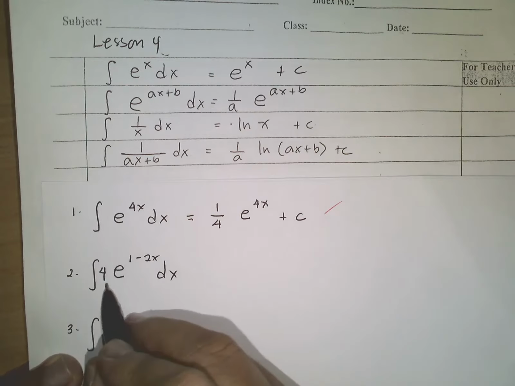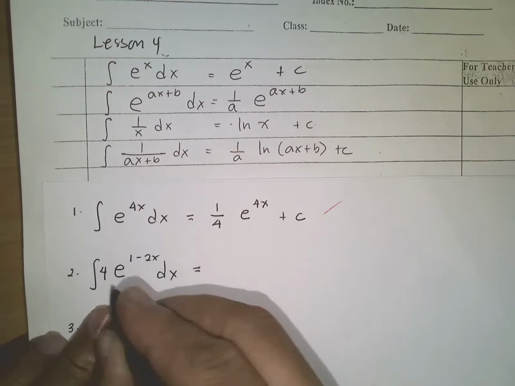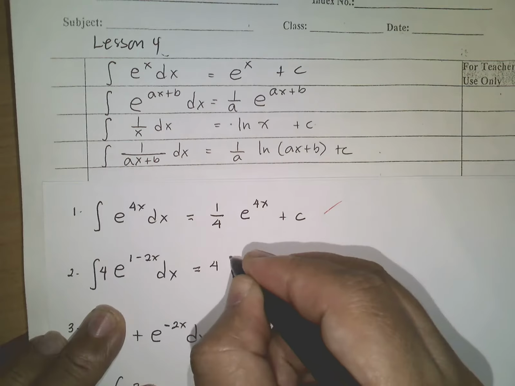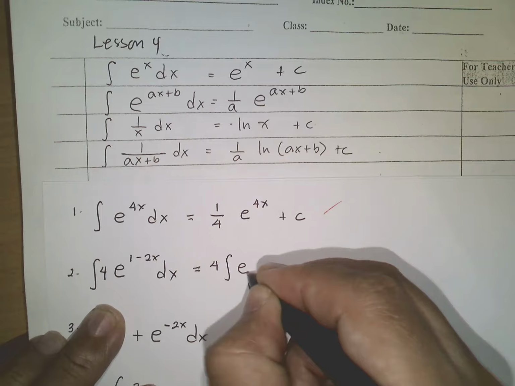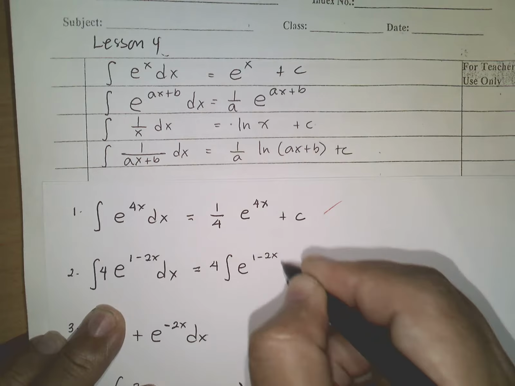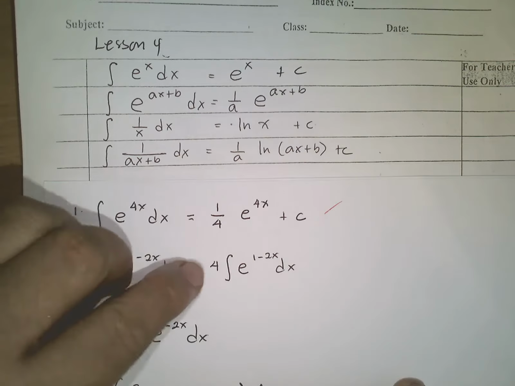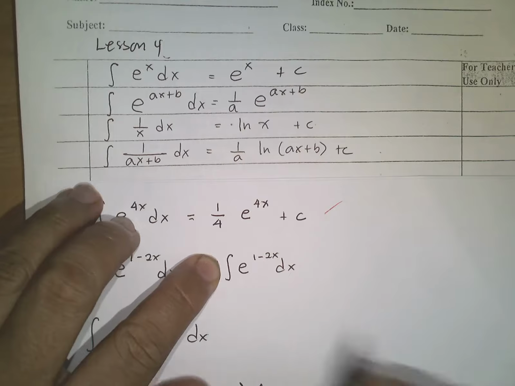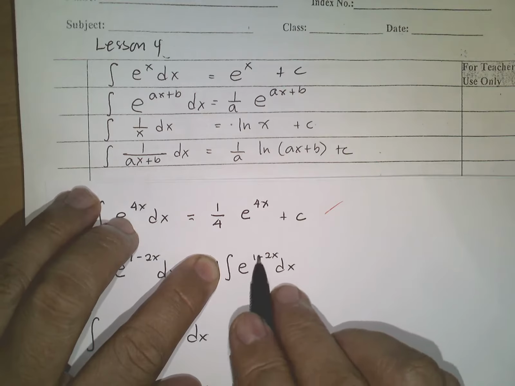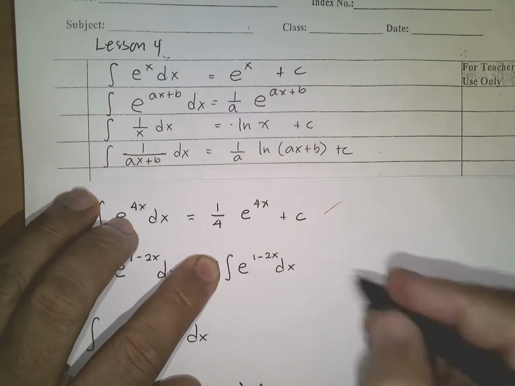Next, for this one, you can put that 4 outside first, and you have e raised to 1 minus 2x dx, and then use the formula. You cover the 4 first. So here your a is negative 2. You need to include the negative 2.